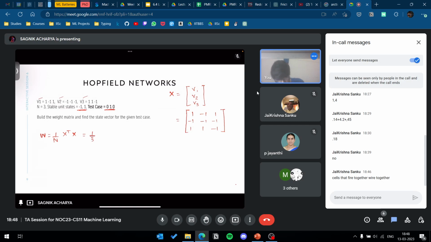So 1 by 3 times x transpose, where x transpose is 1 -1 1, times this matrix again. Okay, so we need to do this multiplication. I'll quickly do it. This is just matrix multiplication.